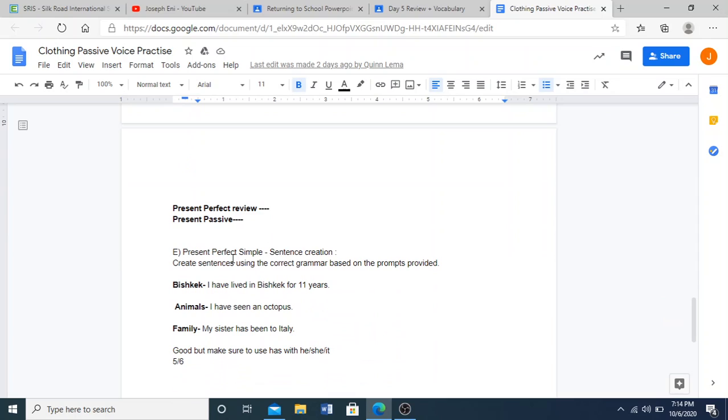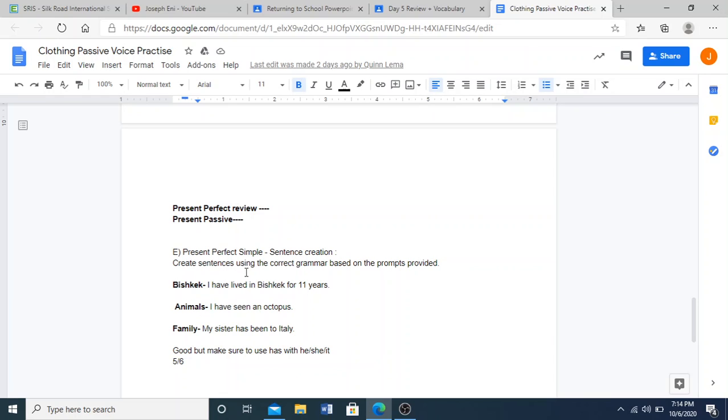So a little review again of what we've done: the present perfect and the present passive. So the present perfect simple, how do we create the sentence? We have three prompts here about a place, an animal, and family.